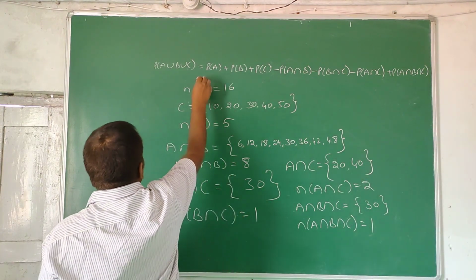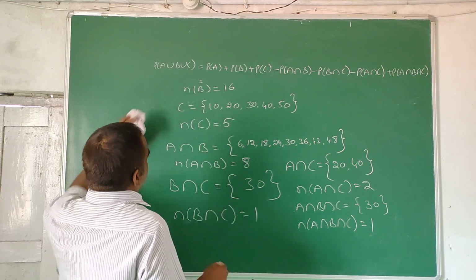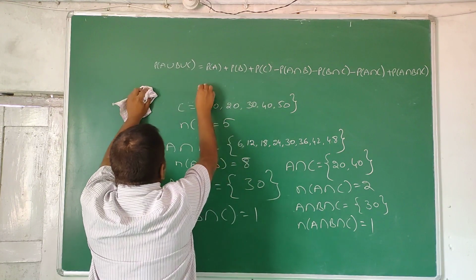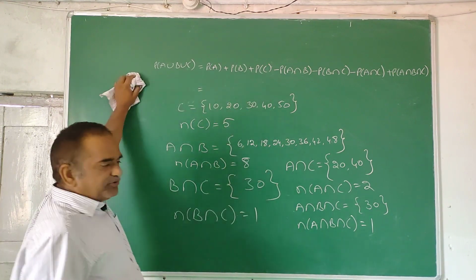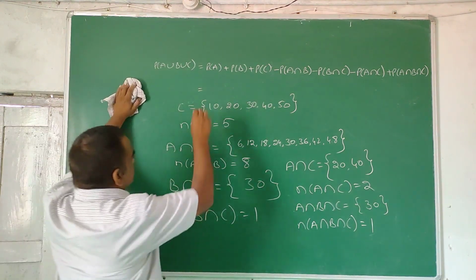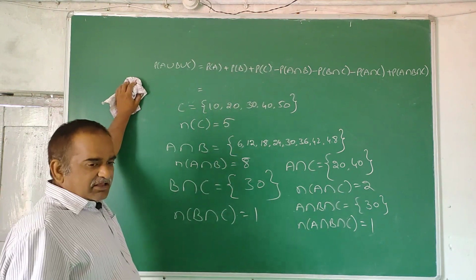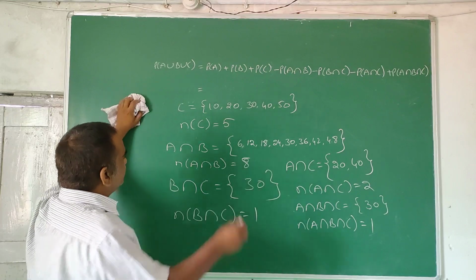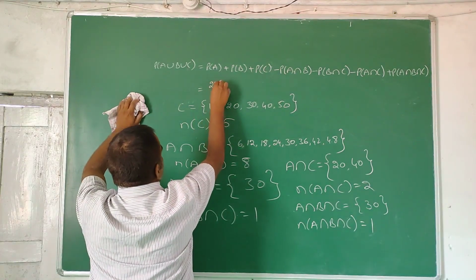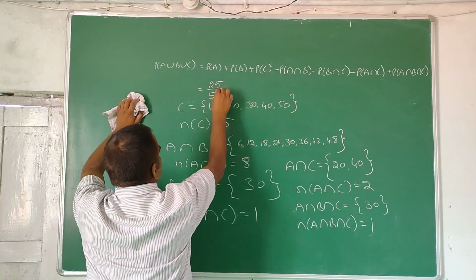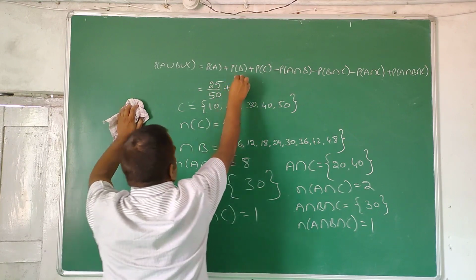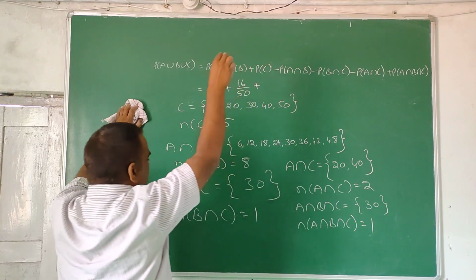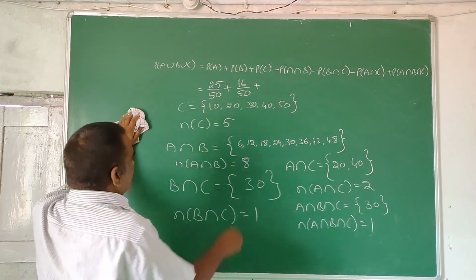So P(A) is n(A) by n(S). So n(A), how much did you get? 25, right? n(A) means multiples of 2. So 25 by 50, then for B you got 16, 16 by 50. n(C), how much did you get? 5.